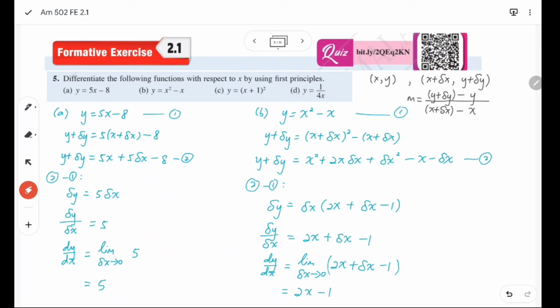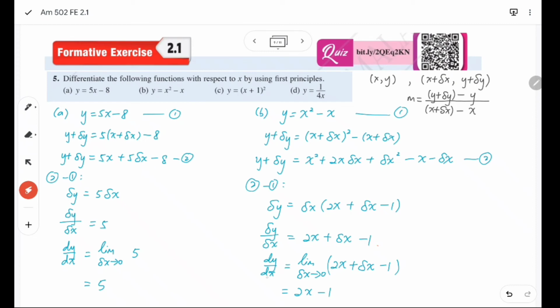We are left with only 2x del x plus del x squared minus del x. All involve del x, so we can factorize out the del x and become del x times 2x plus del x minus 1. And move over the del x, we get del y over del x equals 2x plus del x minus 1.